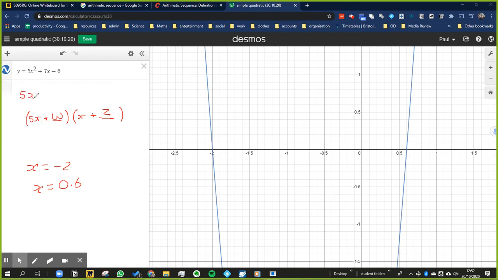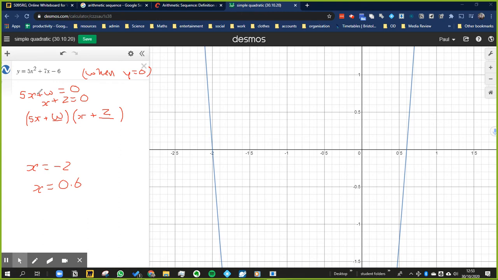So 5x plus w is equal to 0, or x plus z is equal to 0. So that's when y equals 0.